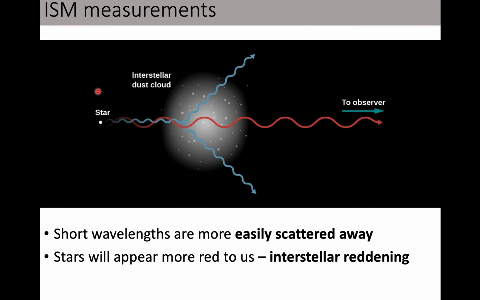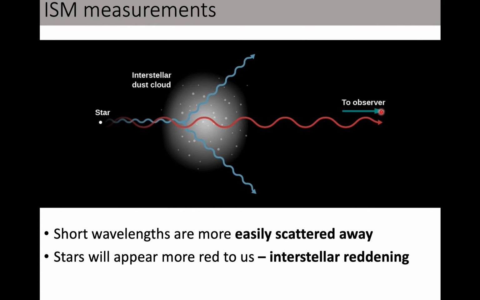Short wavelengths, like the blue in this diagram, since blue has a shorter wavelength than red, are more easily scattered away by particles, meaning they bounce off something and scatter in another direction. Longer wavelengths are much harder to scatter away. If there's some scattering, the purple, the blue, and the green wavelengths are going to scatter first before the red and the orange. So generally, the red will be able to make it through.